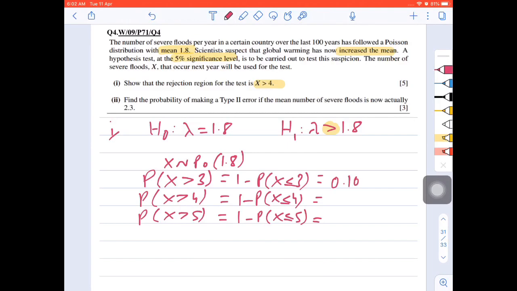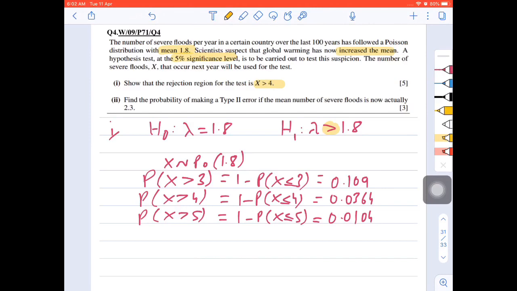These come to 0.109, 0.0364 and 0.0104. So we needed 0.05.